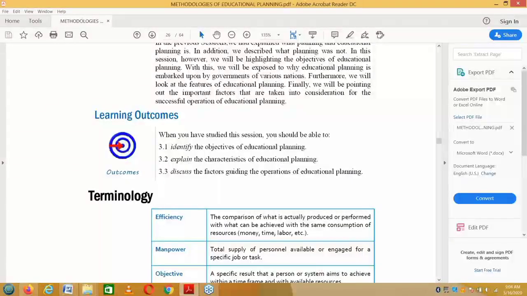You can't just plan without having some factors to follow, reasons why you want to plan in order to achieve set goals. So we'll look at the factors that influence educational planning.